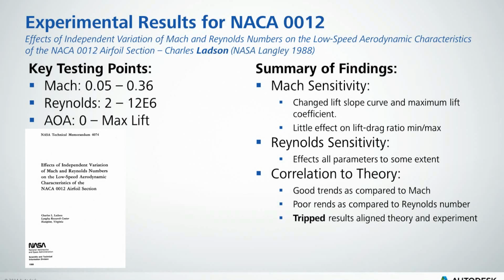And I listed some of their summary findings. And one thing that is interesting with this result is they looked at what is considered tripped versus untripped data. And all that really means is that in the leading 5% of the airfoil, they in essence applied sandpaper of different roughness, in this case 60 and 80 grit, right to that tip.